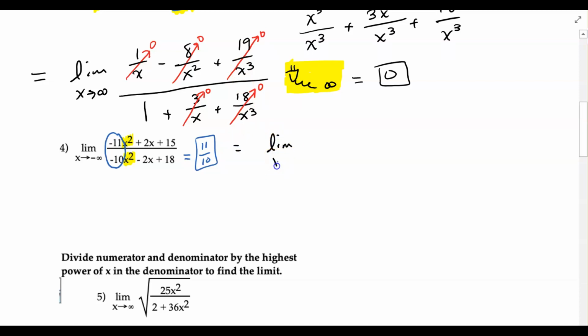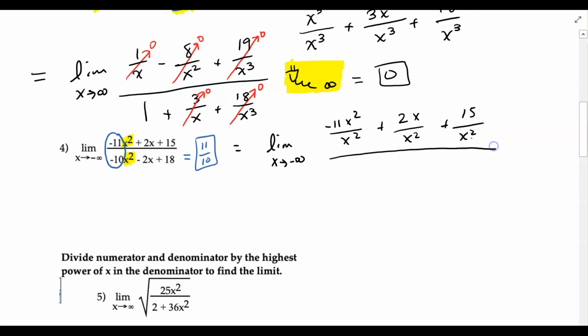So x approaches negative infinity, and we're going to have negative 11 x squared over x squared plus 2x over x squared plus 15 over x squared, divided by negative 10 x squared over x squared minus 2x over x squared plus 18 over x squared. Something like that.